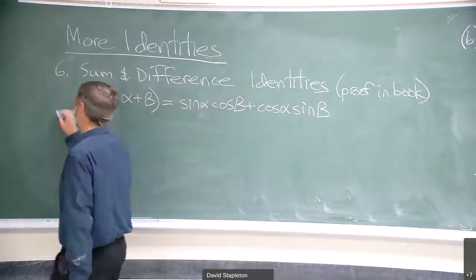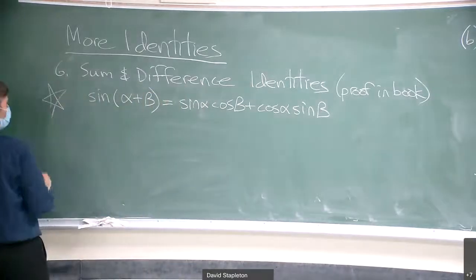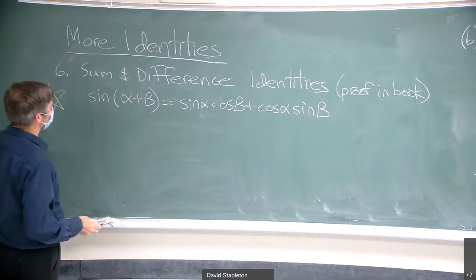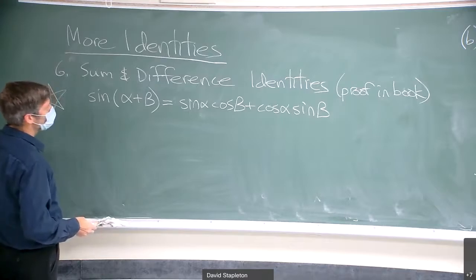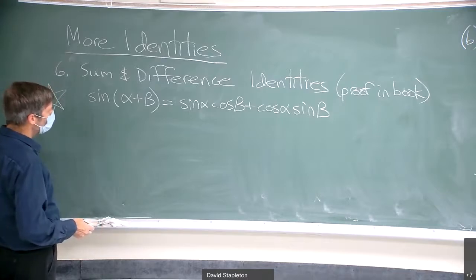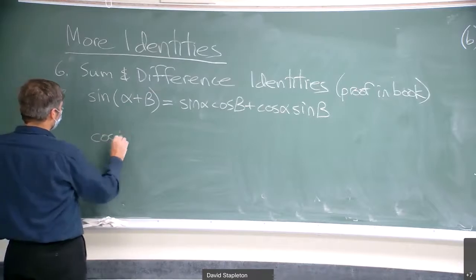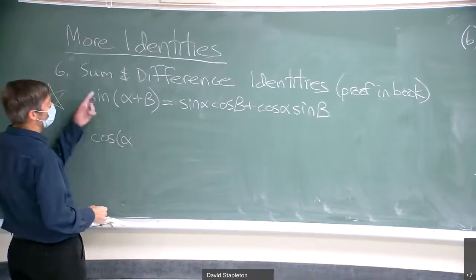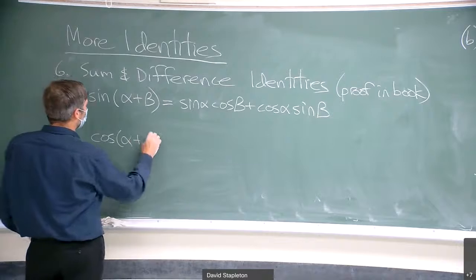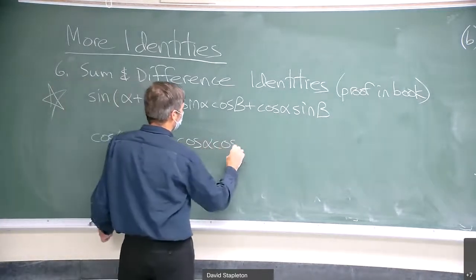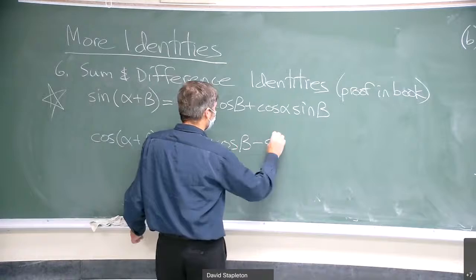You absolutely have to memorize all of these and all the other ones I put up earlier. I already told you to memorize those, but I'll put a star by these. These are new ones to memorize. And then I'll leave a little space here and I'll say the cosine of the sum of two angles, hence it's called a sum identity, is cosine cosine minus sine sine.